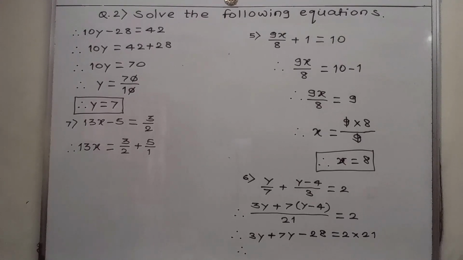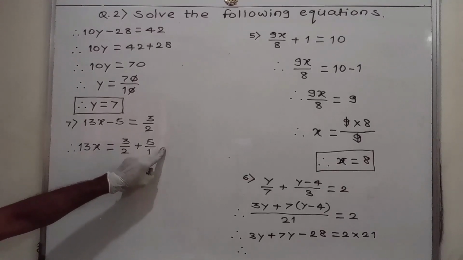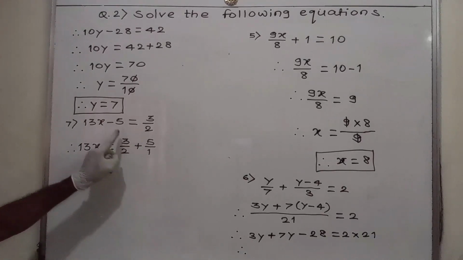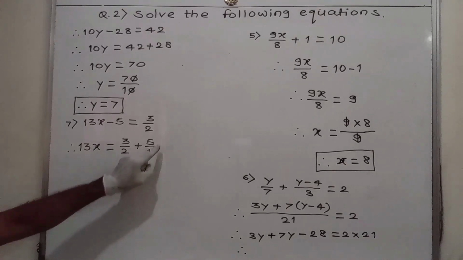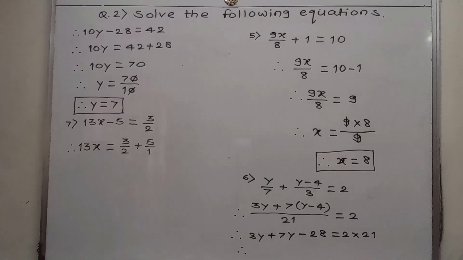Did you get it? See this. We write this as it is because these are like terms. We take this 5 only here. Minus 5 becomes plus. 5 upon 1 means what? 5. What is the difficulty in this? Did you get it?